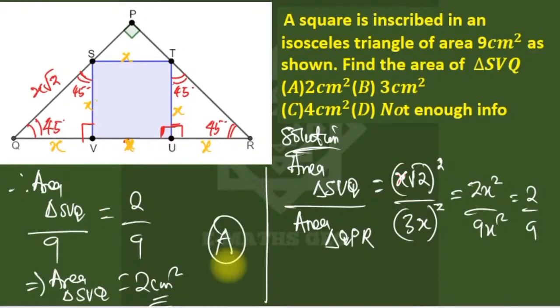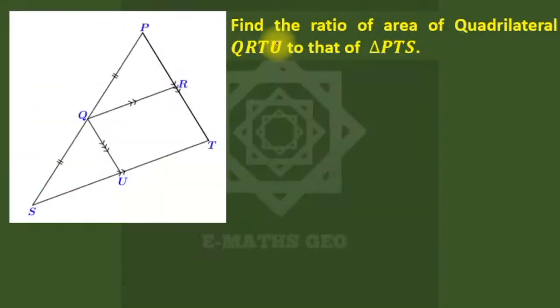So we still use the knowledge of the ratio of areas of similar triangles. We are asked to find the ratio of the area of quadrilateral QRTU to that of triangle PTS.